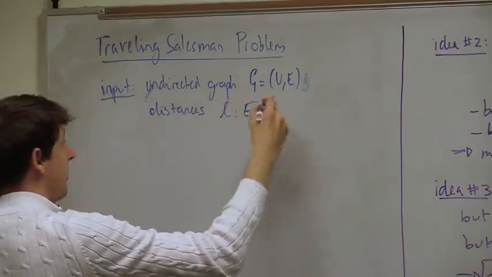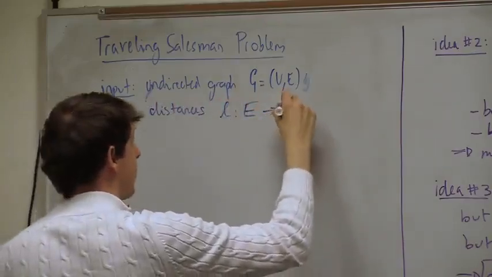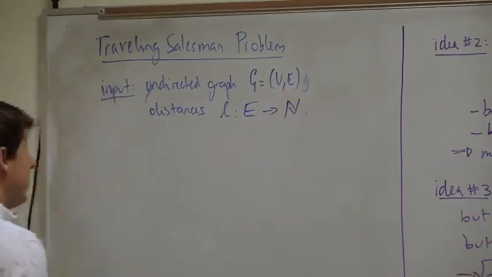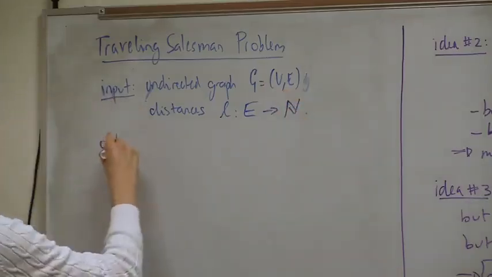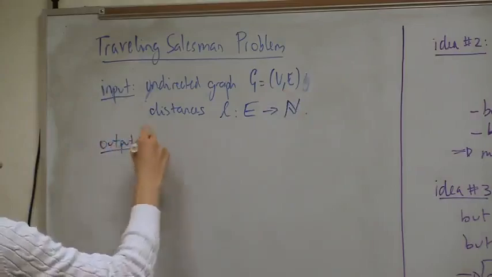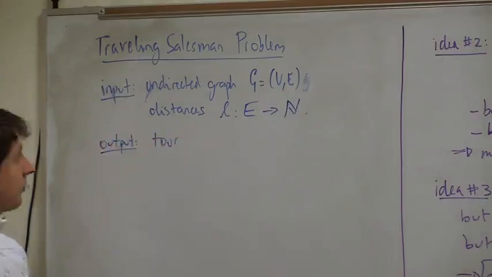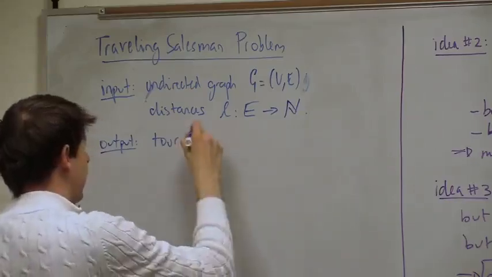So every edge has a distance. The output is a tour. Let's call it T.